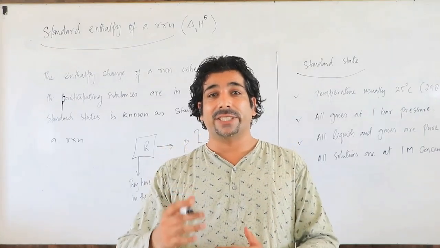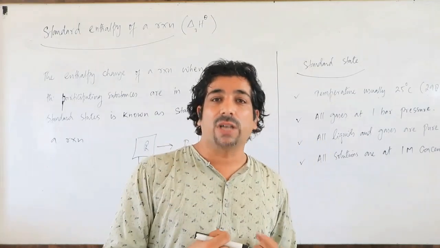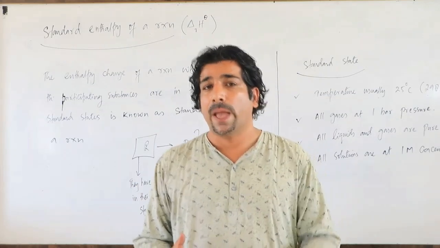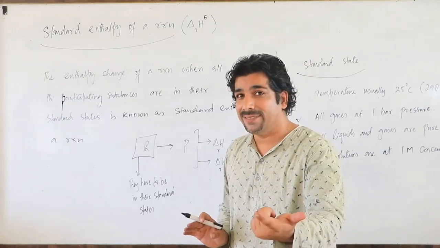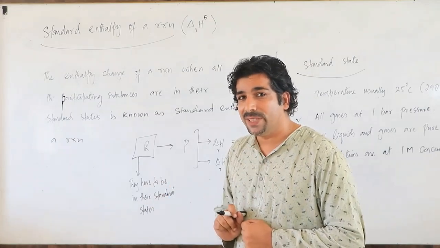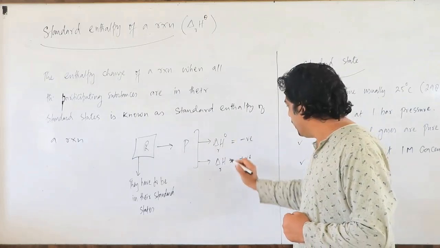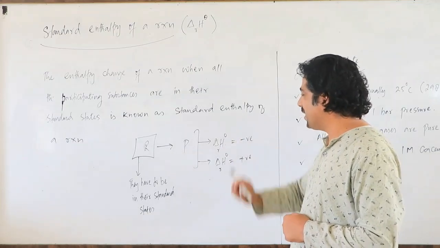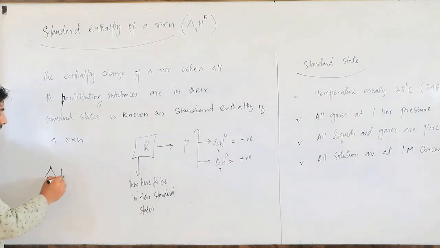Then reactants will change into the products and the energy will be either absorbed or released. If it is released, exothermic. If it is absorbed, endothermic. But it is not the reaction enthalpy, it's the standard one, because conditions are standard. So I will mention here a naught, and here also a naught. Now what is the meaning of this naught? Let us explain it. Delta HR is the reaction enthalpy.